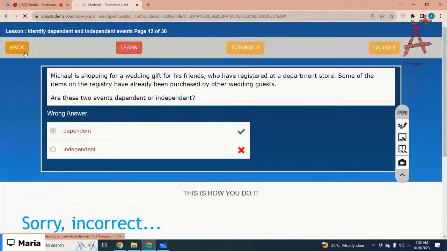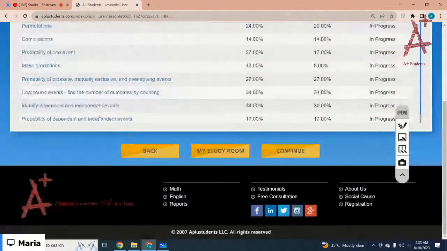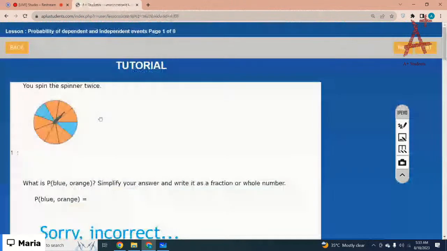Let's just start with the next lesson. And the next lesson is probability of dependent and independent events. You spin the spinner twice. What is the probability of blue and orange?